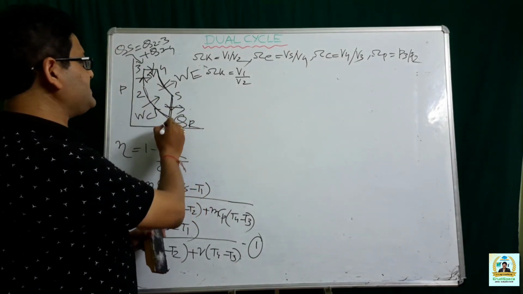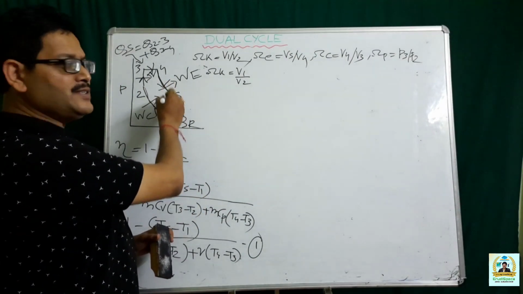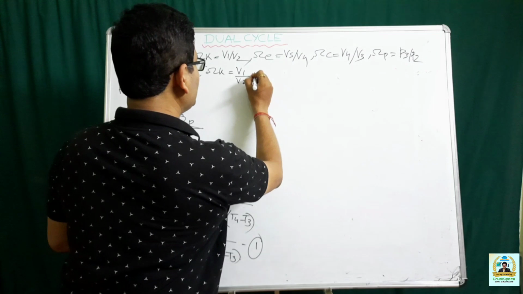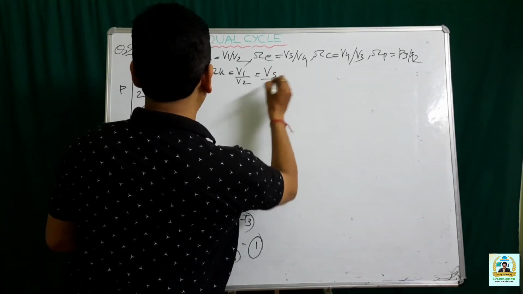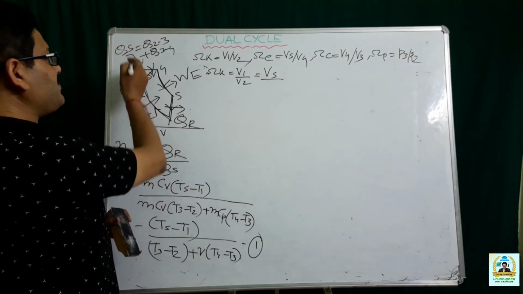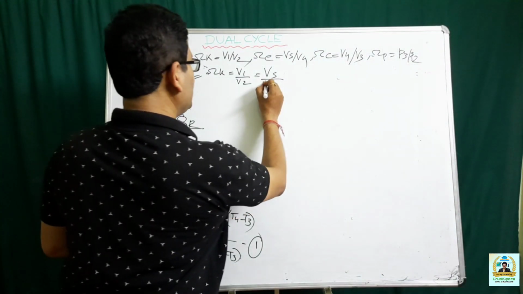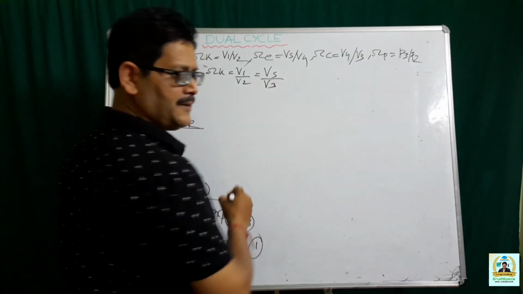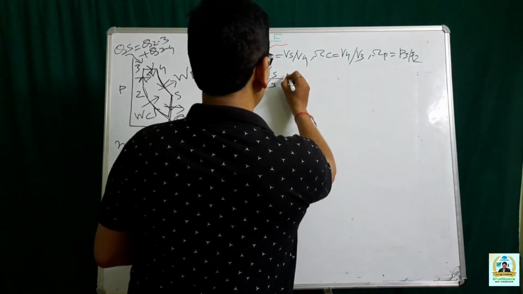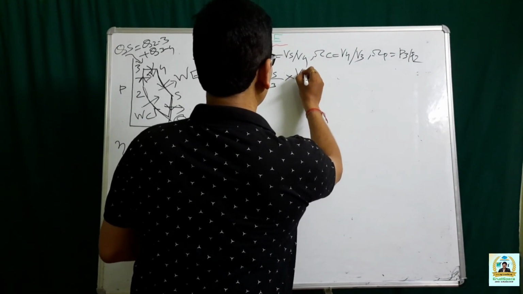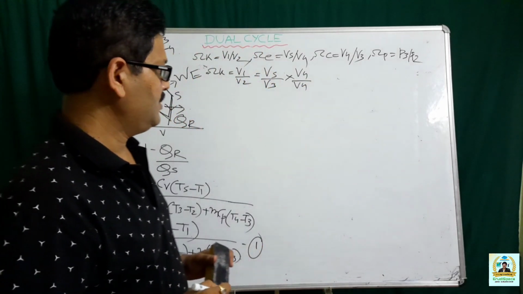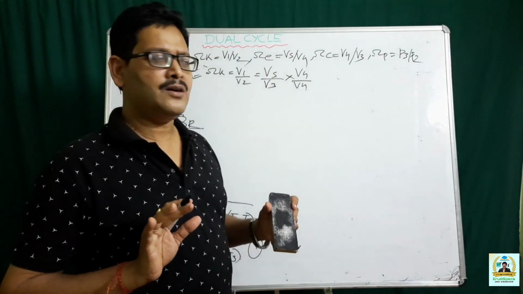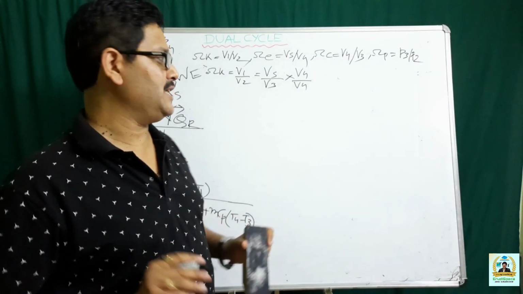V1 is same as your V5 because this is a constant volume process. So you can substitute V1 by V5 and V2 is same as your V3. You can substitute V2 by V3. Now you can multiply it by V4 and you can divide it by V4. As a result, the value of the ratio will remain unchanged.